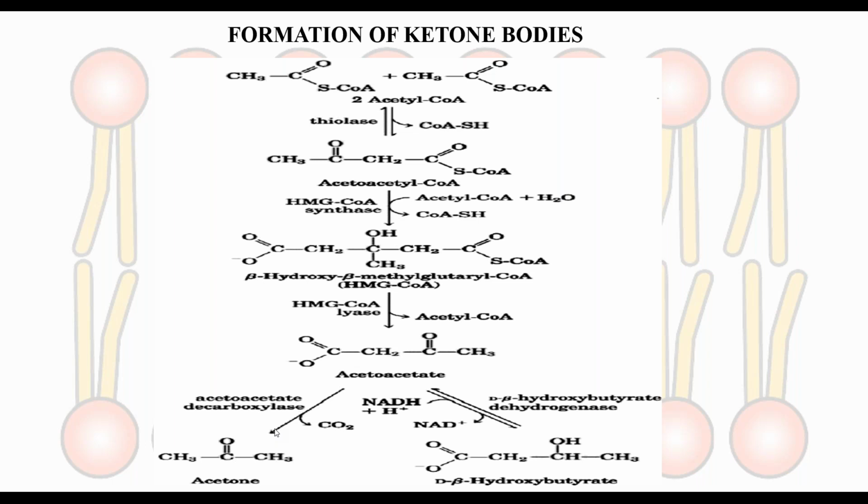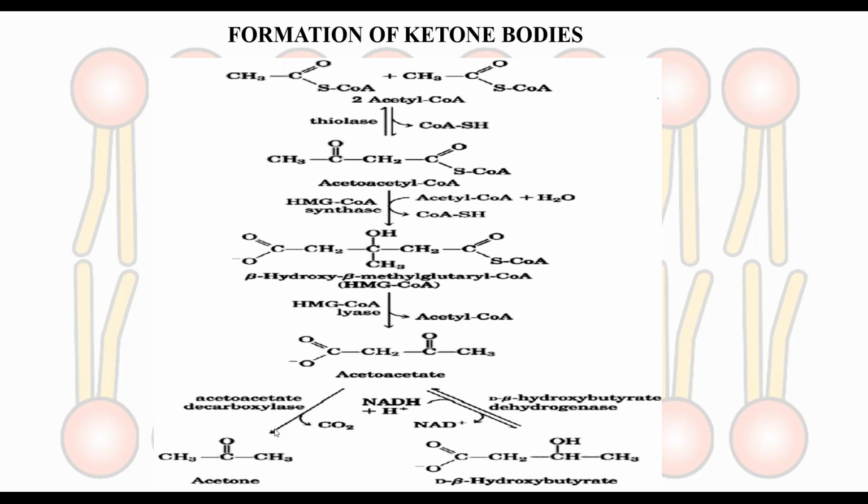Okay, so in the blood, the normal level of ketone bodies is less than 3 milligrams per 100 ml. And we say that the levels have reached an abnormal condition when they cross 90 milligrams per 100 ml.